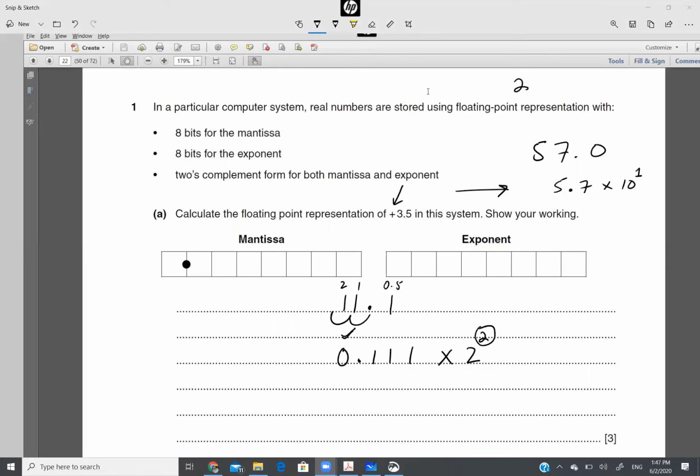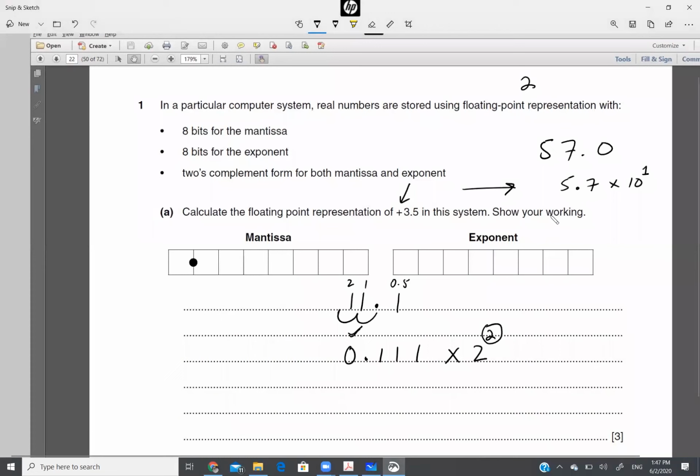Okay, Sadek. All right. So after doing this, now you can write down your exponent. Exponent is 2. There goes your exponent, and there goes your mantissa. This is the importance of normalization in digital computers, because this is the only way you can represent plus 3.5.